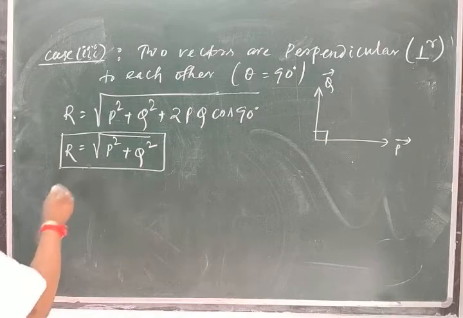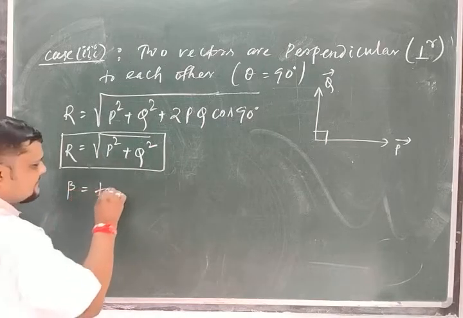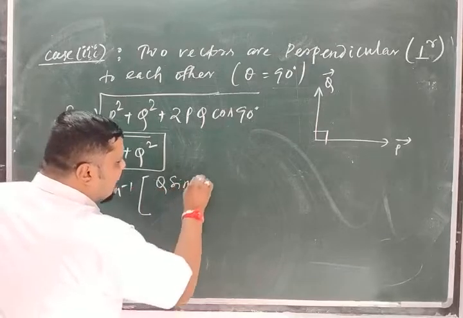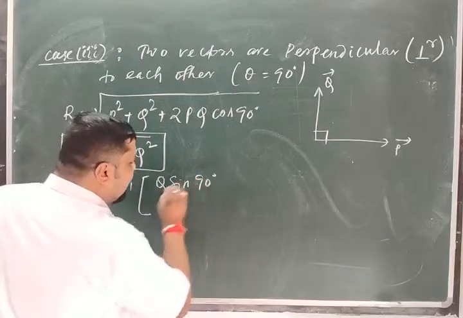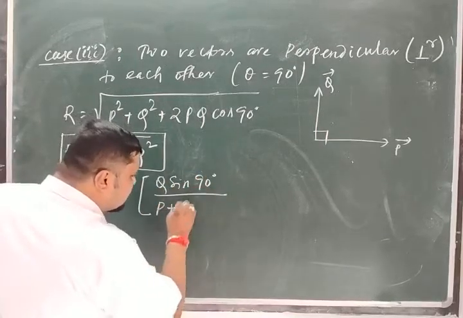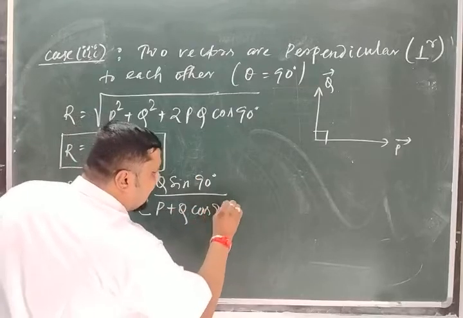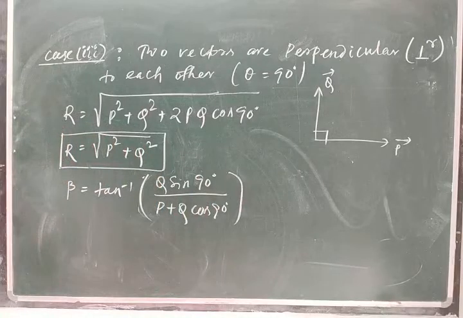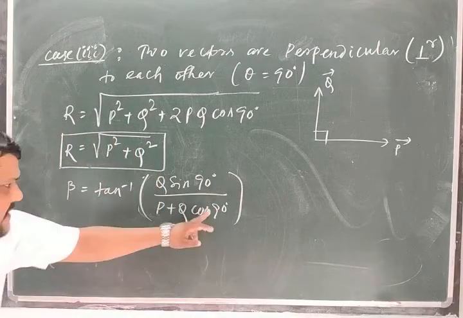And what is our directional part? Beta is equal to tan inverse Q sin 90 divided by P plus Q cos 90. Clear? Q sin 90 by P plus Q cos 90.